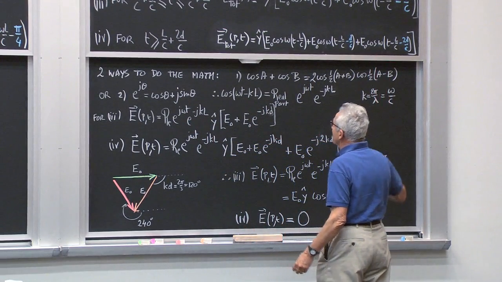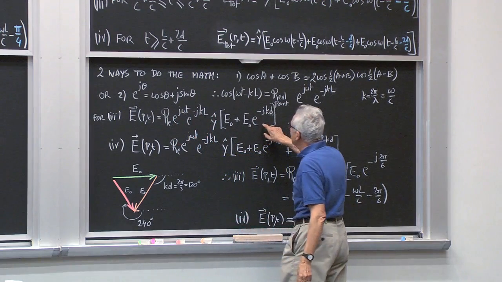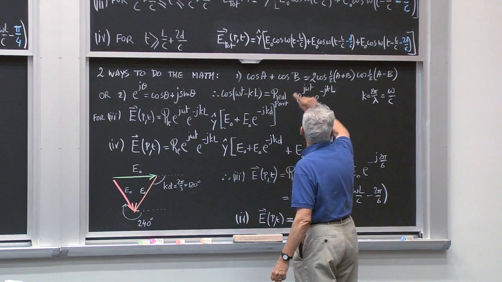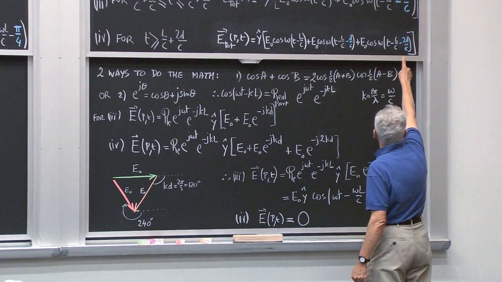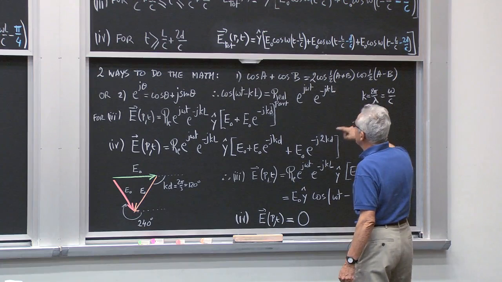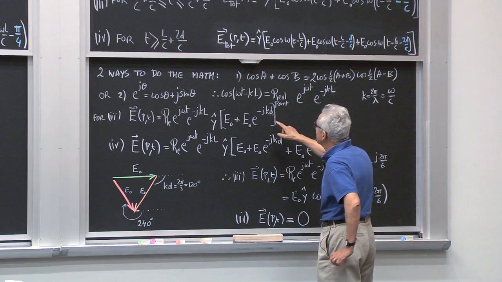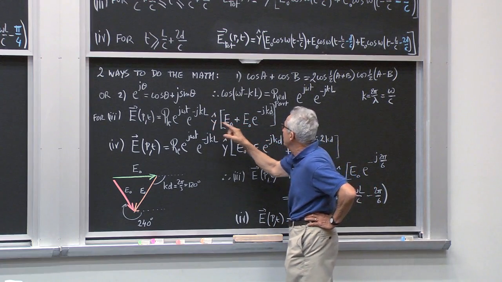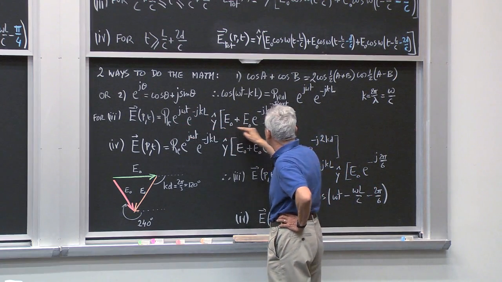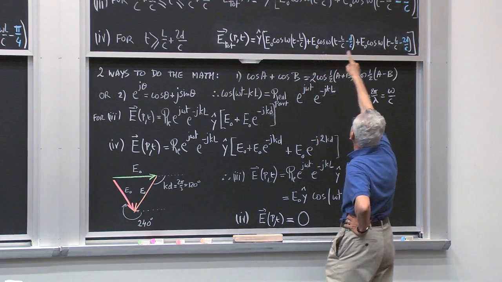The second one, I can do the same. This is the same, and the only difference between those two is the phase minus d over c, which is kd. And so the real part of this will be the answer to the sum of those.